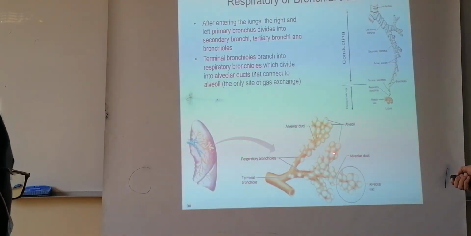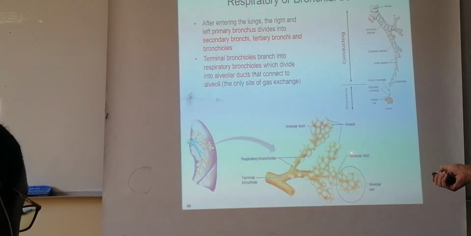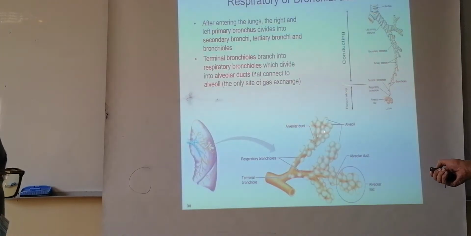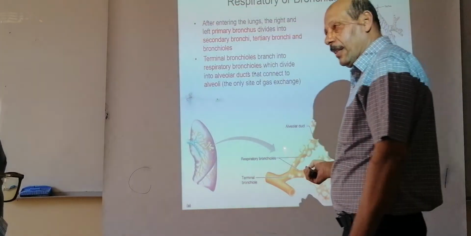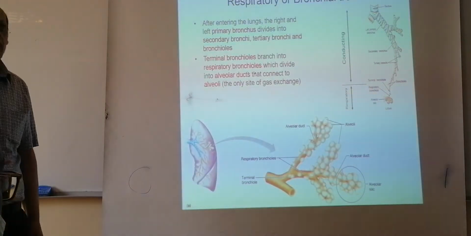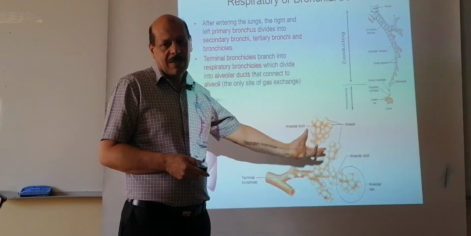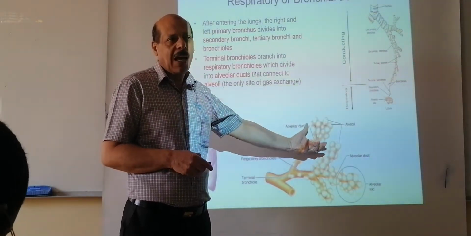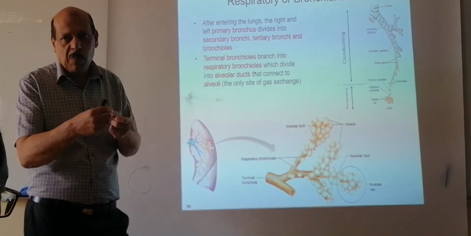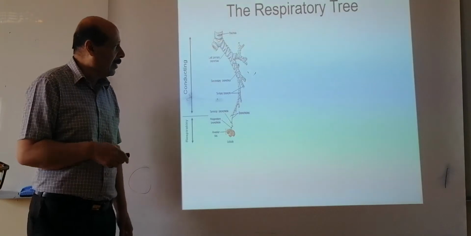The main function happens in the alveoli. We will come then to the structure of the alveoli, how it is formed, and how the exchange of gases will happen there. It is at the end of those small bronchioles.